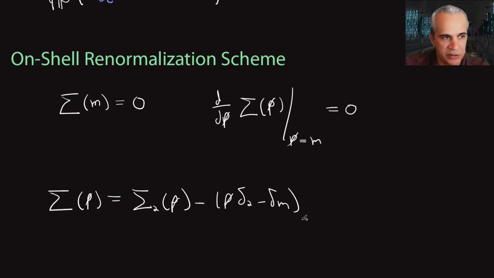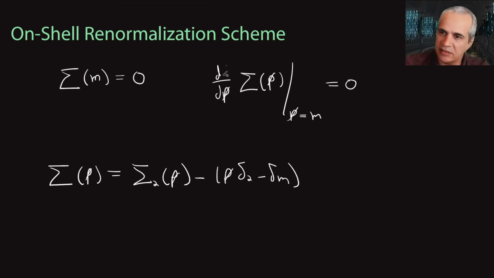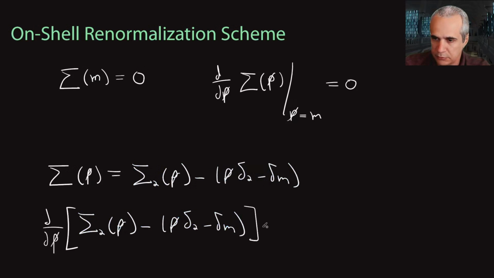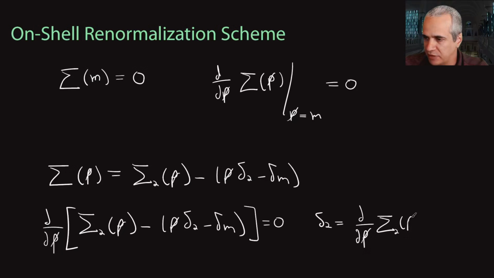These two conditions will then imply, for instance, the second one will imply that the p slash of this is 0, since there's only p slash here, and of course there's the derivative in p slash of this one, and that gives me delta 2 as just the derivative of sigma 2 of p slash.